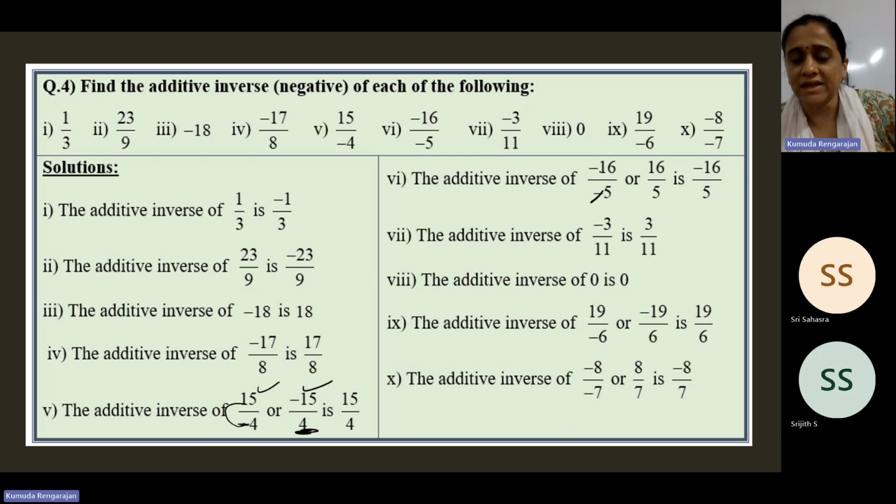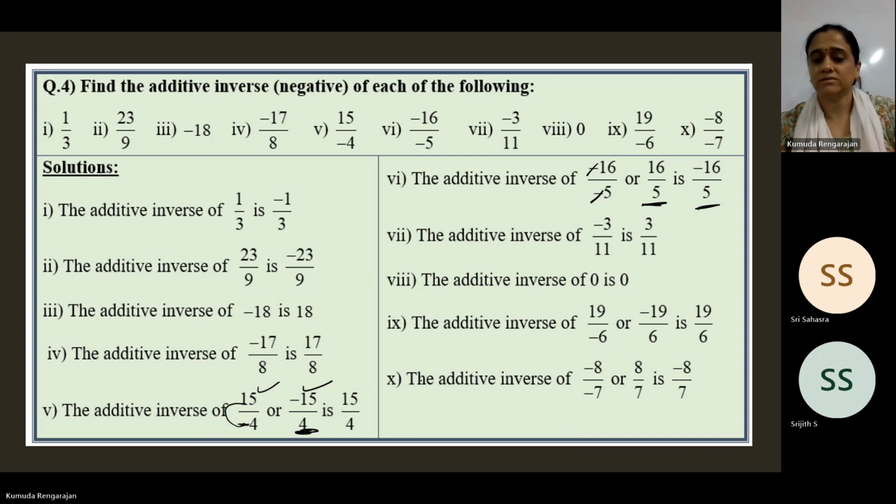Here, minus and minus cancels, so the simplified version of the question is 16 by 5, and its negative is minus 16 by 5. The minus sign is in the denominator, so take it up to the numerator. This is the question, and the answer is plus 19 by 6. Minus cancels, so this is the simplified version of the question, 8 by 7, and its negative is minus 8 by 7.